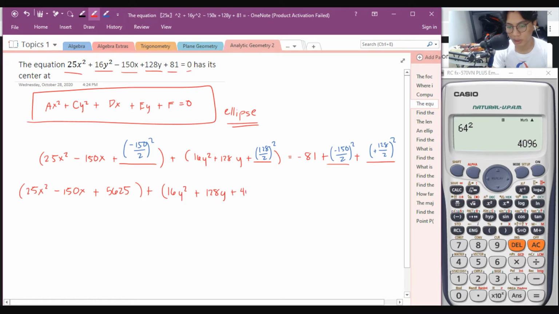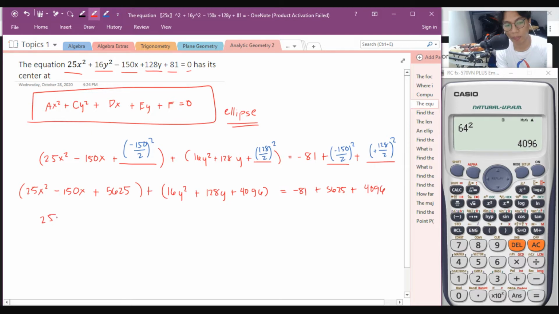Plus 4096 equal to negative 81 plus 5625 plus 4096. Okay, pagsama-samahin natin. Pero pwede ko i-factor out na dito yung 25.